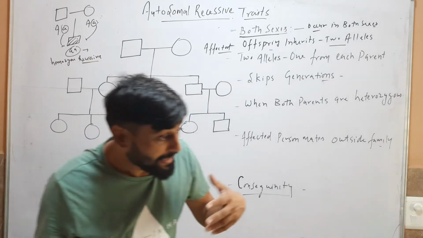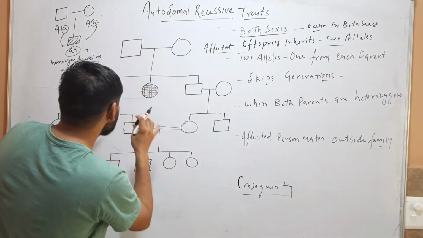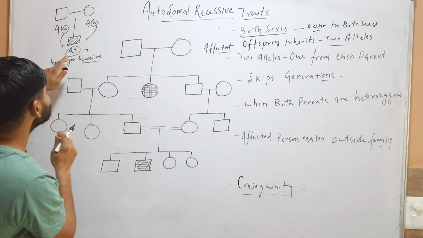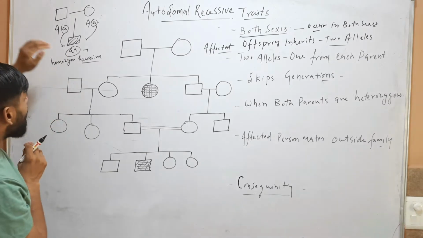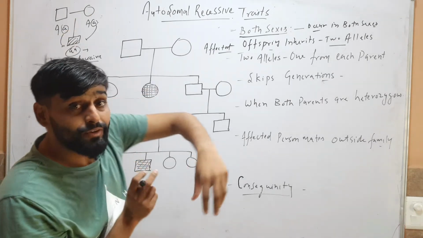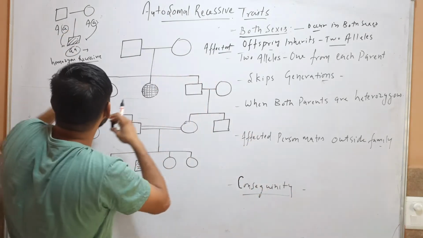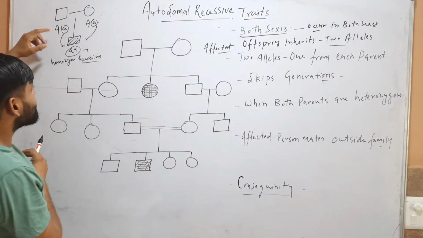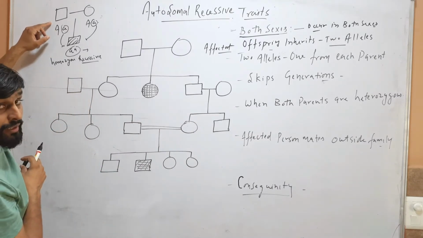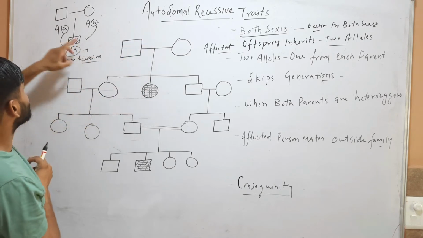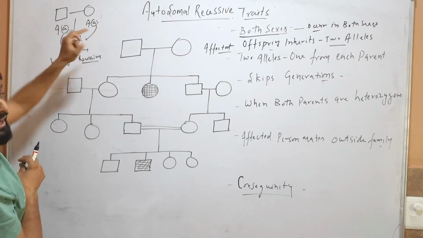You know that a recessive inheritance will show in a pedigree when it is present in homozygous condition. So how will an offspring be in homozygous condition? Offspring will be in homozygous condition if it inherits one copy of that recessive trait from one parent and another from the other parent.